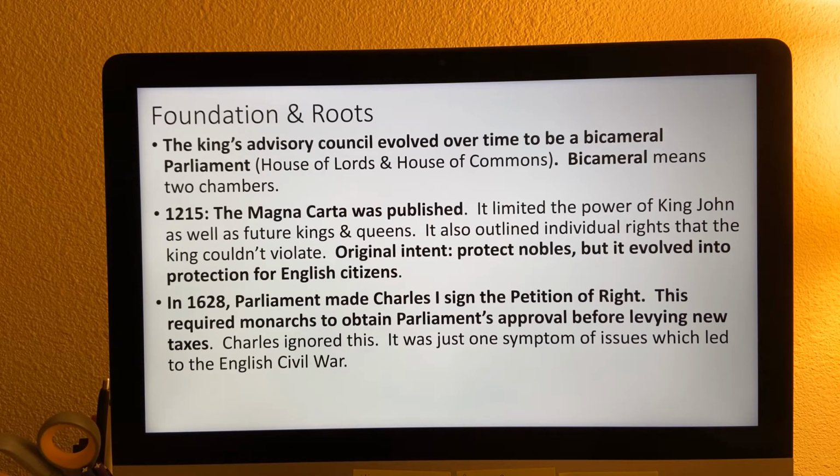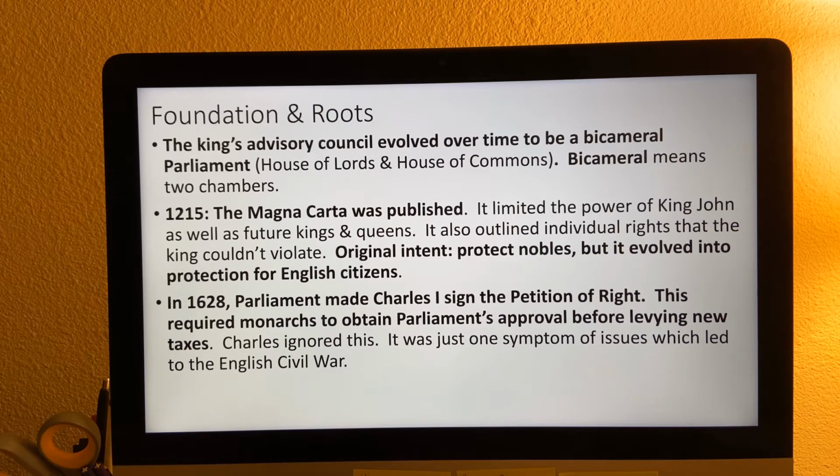So, in oh my heavens, I've forgotten what year, but in about 1100 CE or AD, William of Saxony goes to England and he defeats the Anglo-Saxons and he creates the monarchy in England.